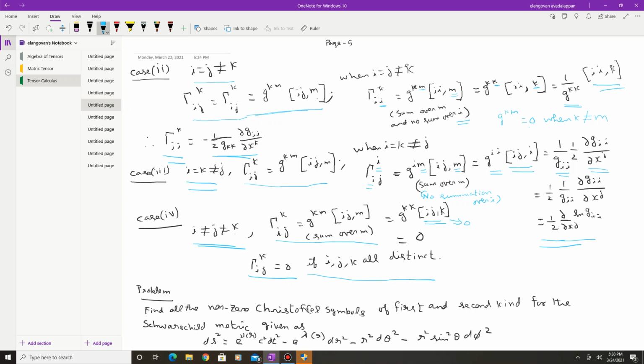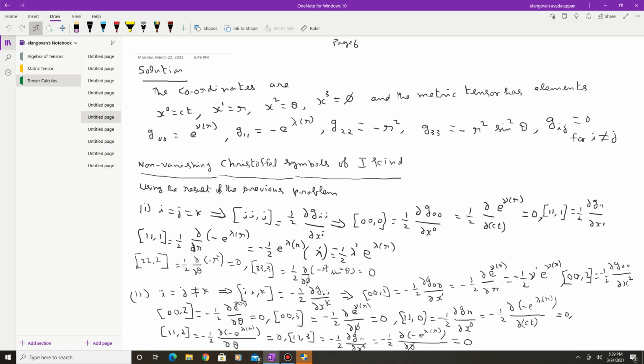Here nu is a function of r, and lambda is a function of r. This metric we call the Schwarzschild metric, because we use it for the discussion of the general theory of relativity.